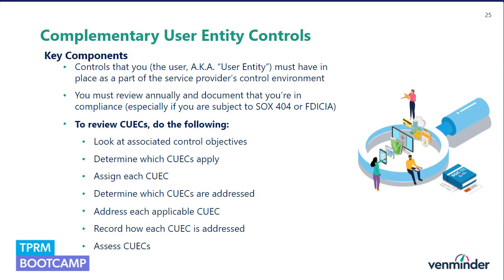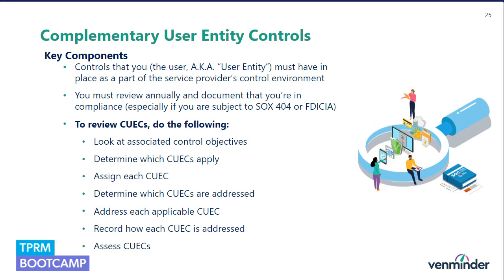So another key area that I want to make sure that we cover in this session is complementary user entity controls, or CUECs, as you may hear them called. These are controls that you, as the user entity, must have in place as part of the service provider's control environment. These are controls you implement within your organization, and they complement the controls at the vendor.